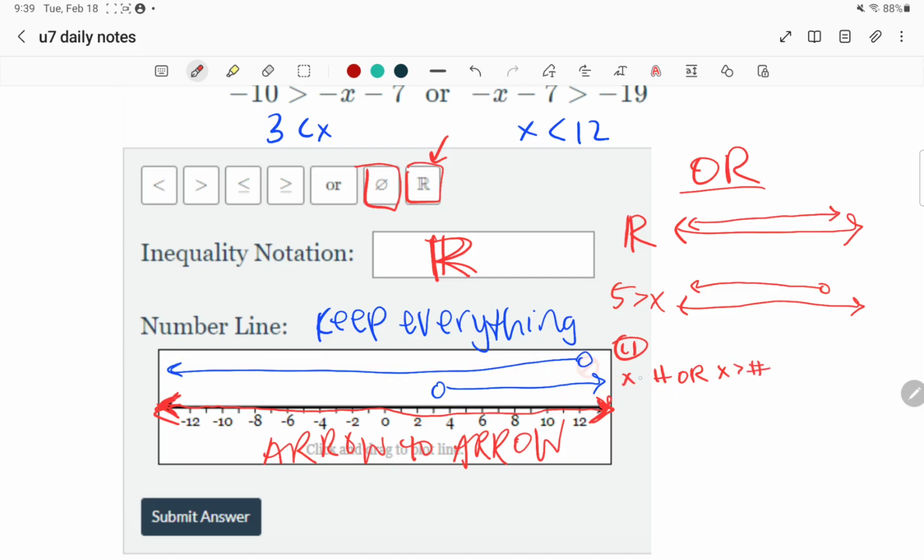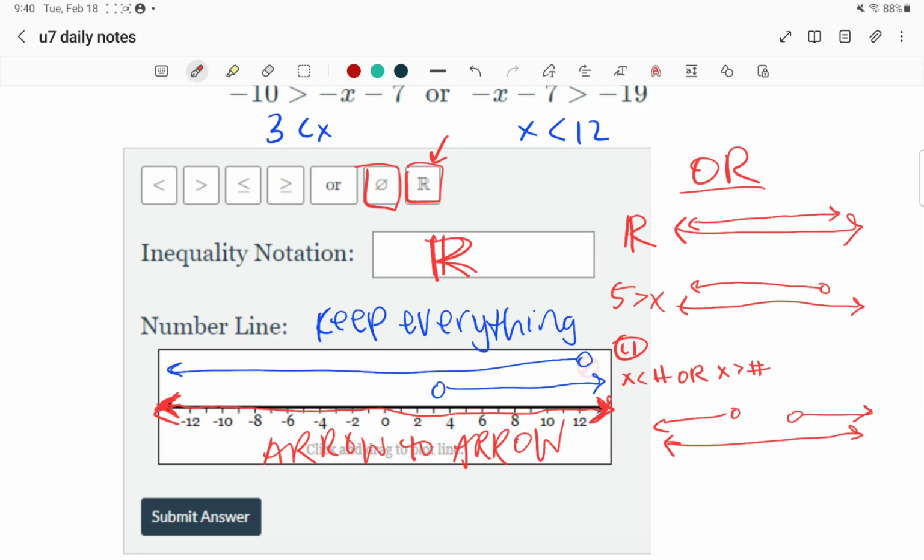Oh, I put the same sign twice. Like that. And it would look like this. So here's my number line, and then I have a gap in the middle. 2 arrows going 2 different ways. Okay, so at the end of the day, you have 6 options, 3 per word, and or.